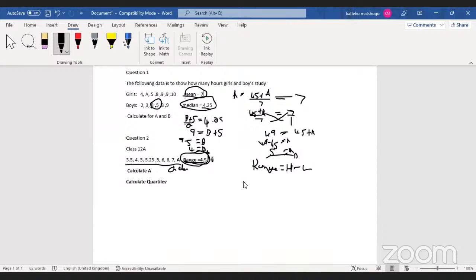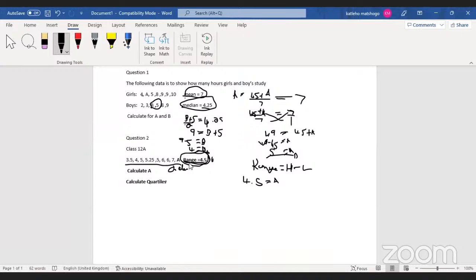Okay, let's do this now. So the range, look here. This is our method. They've given us 4.5, which is equal to highest minus lowest. What is our highest? It's A. No, sorry, the answer is not 1. Why did they put that A there?